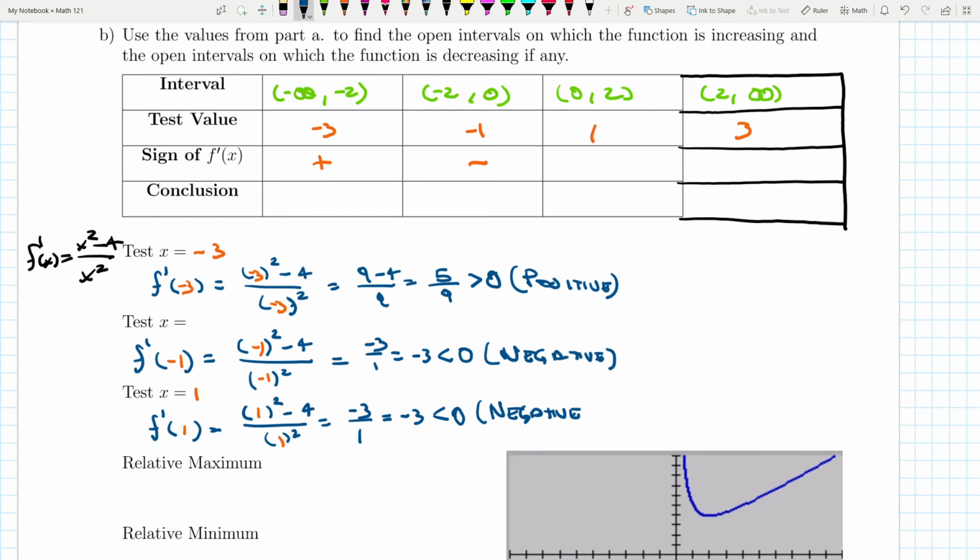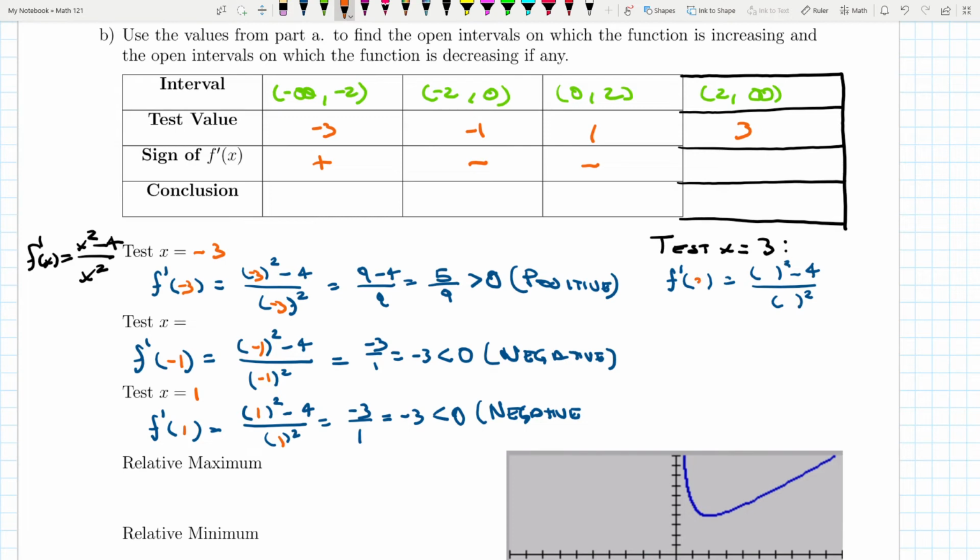So we still need to further test this value. Test x equals 3. So that is f prime evaluated at 3, that's 3 squared minus 4 over 3 squared.